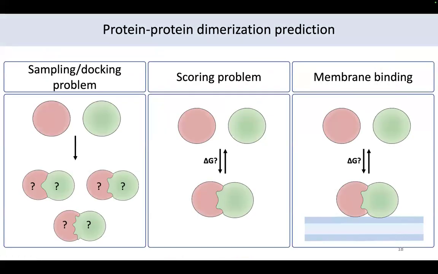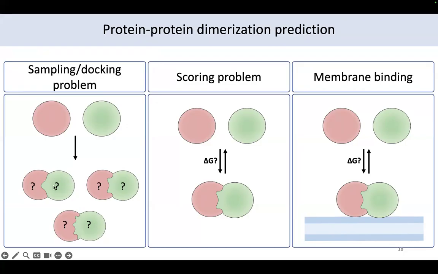So now moving on, we discussed the protein ligand difference in free energies of binding. Now we can discuss how we could compute not only protein ligand free energy of binding, but protein-protein free energy of binding. Again, we have the same issue as discussed before. We have the sampling or docking problem.